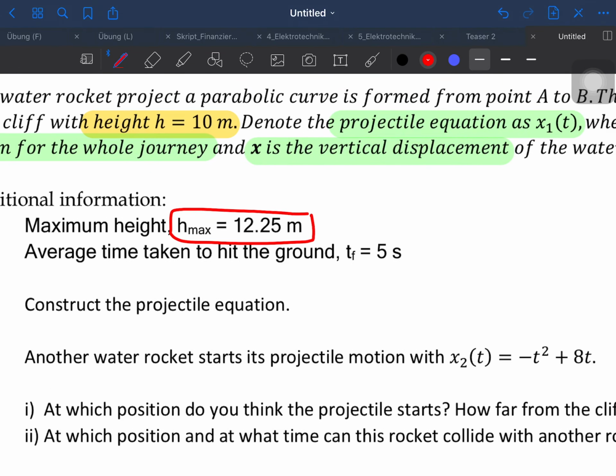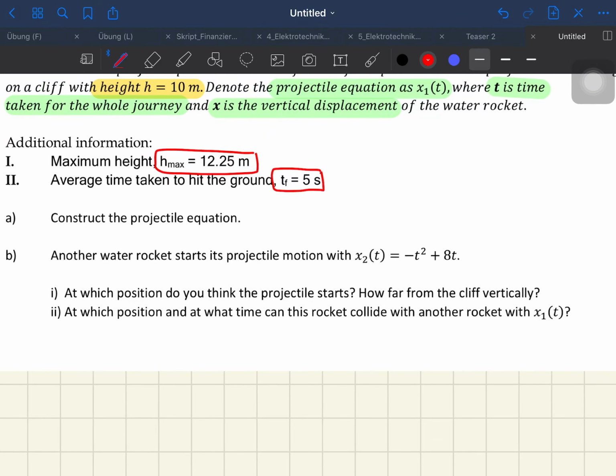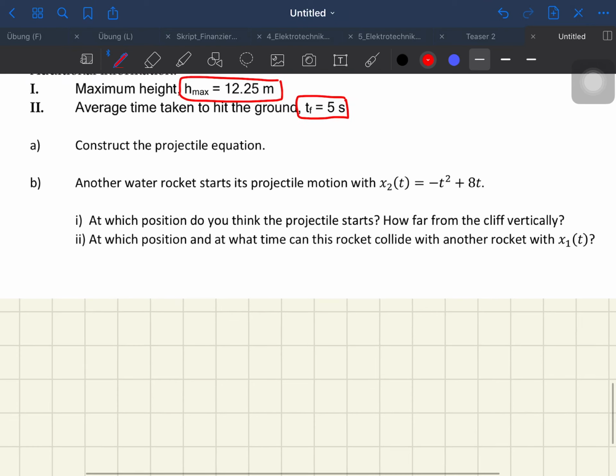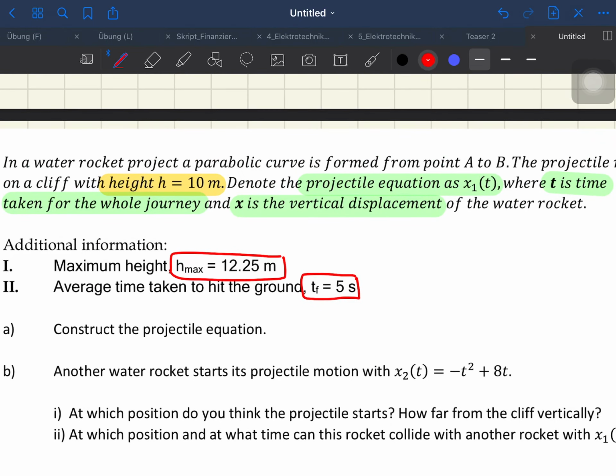The average time taken to hit the ground, which is actually t_f, where f represents the final time recorded at the end of the journey when the water rocket hits the ground, is 5 seconds per shot. Construct the projectile equation. The first question, yes, we have to construct it by using these highlighted pieces of information given.